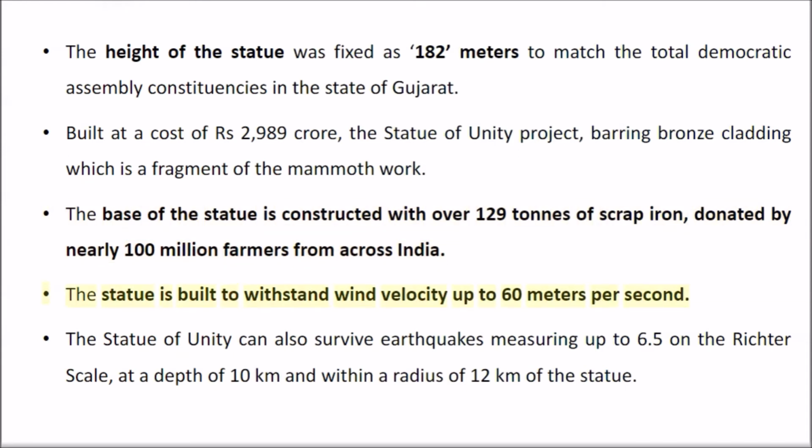The statue is built to withstand wind velocity up to 60 meters per second. The Statue of Unity can also survive earthquakes measuring up to 6.5 on the Richter scale, at a depth of 10 kilometers and within a radius of 12 kilometers of the statue.